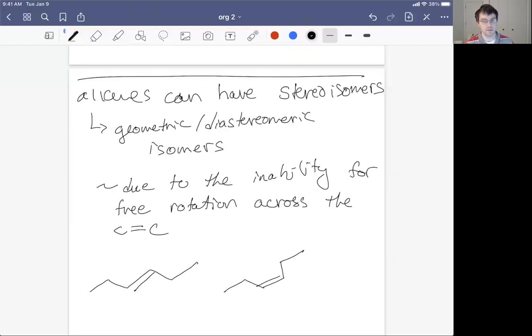So same number of elements, the same overall connectivity. So they're not constitutional isomers, but they are isomers because of the same number of elements. They're not conformational isomers because it's not due to a change in geometry due to free rotation over a carbon-carbon bond. Rather, these are just molecules that only differ in the three-dimensional arrangement of the atoms. So these are stereoisomers of each other.